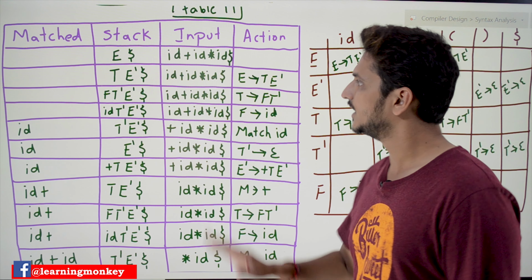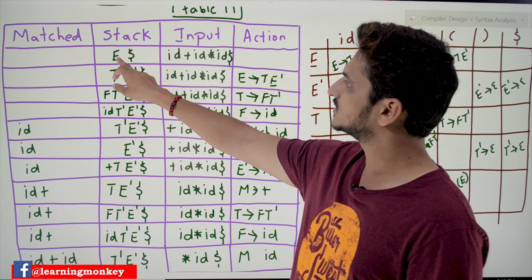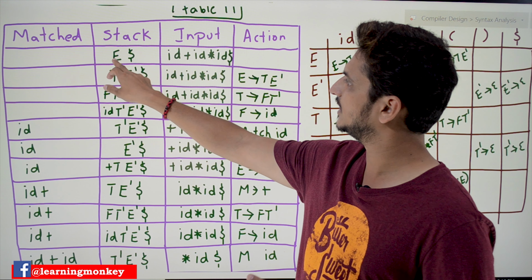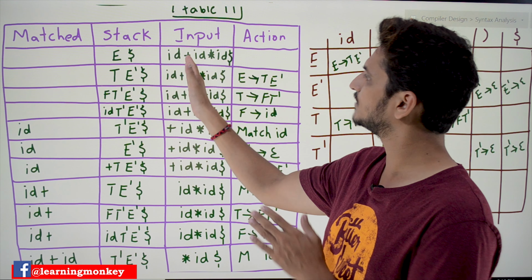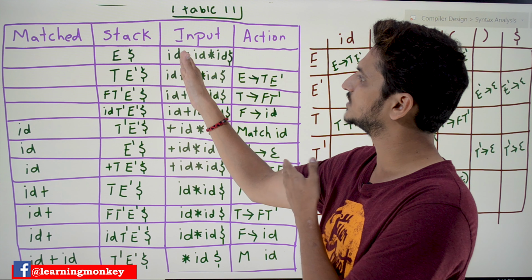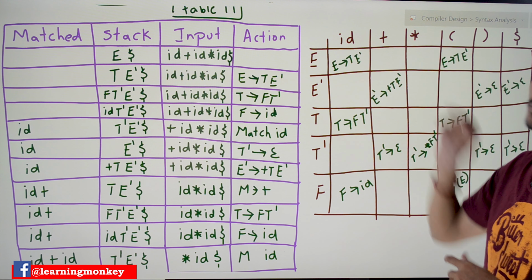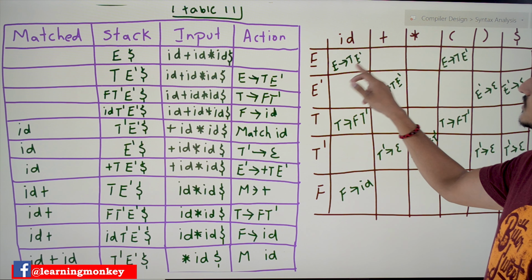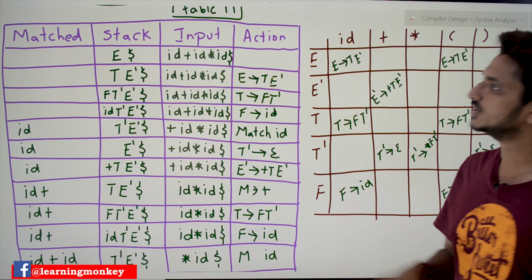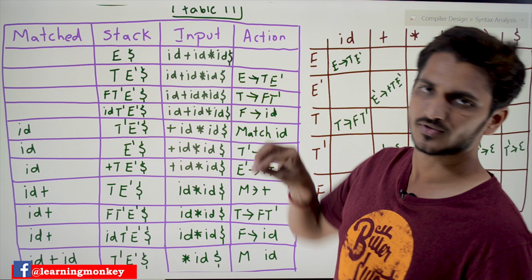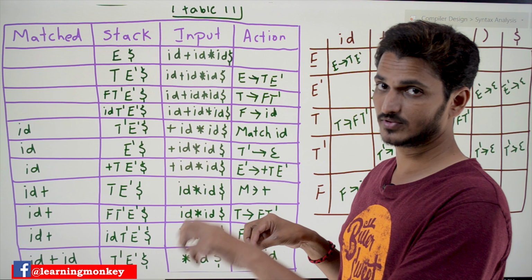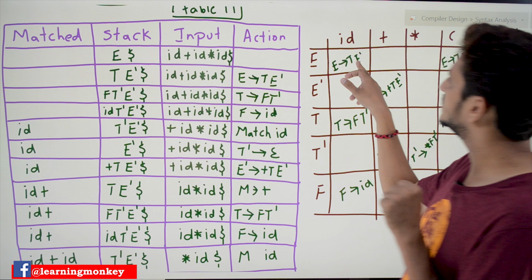Now it goes like this. What is the stack top symbol? E. What is the input symbol? Input is pointing to the first input symbol, ID. E, ID. Check the table. E, ID. What does our production say? E tends to T E dash. So pop the E from the stack, that means pop the top element from the stack, and add this production.